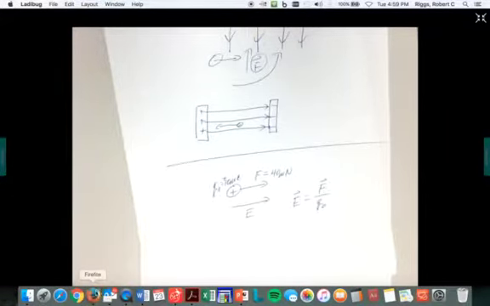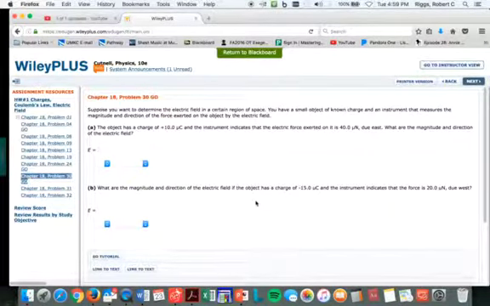So anyway, now what are the magnitude and direction of the electric field? The object has a charge of, and it's 20 newtons due west. The force is 20. It's a negative charge, and it's due west.